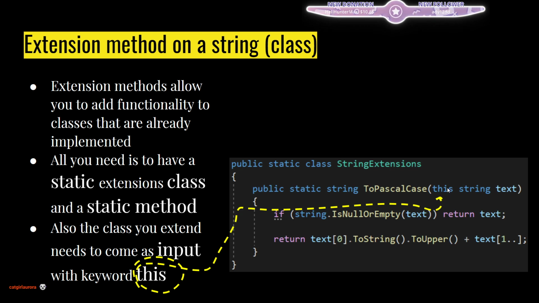As long as you mark the first parameter with the this keyword, the type that the first parameter is of will be treated as if it had its own method, the extension method. So this string means that I'm adding an extension method to a string. So this is the implementation for that method that allows me to do ToPascalCase for text, for string.